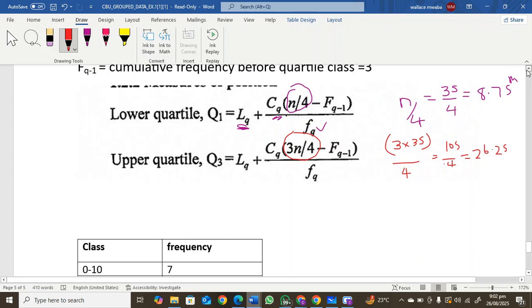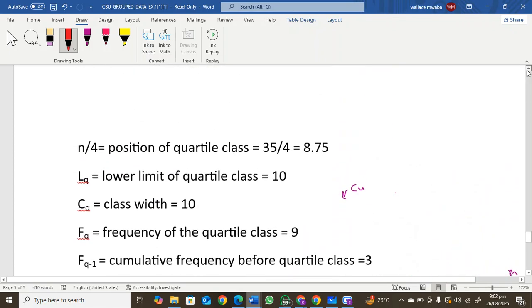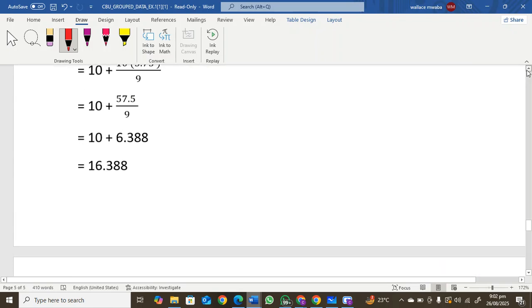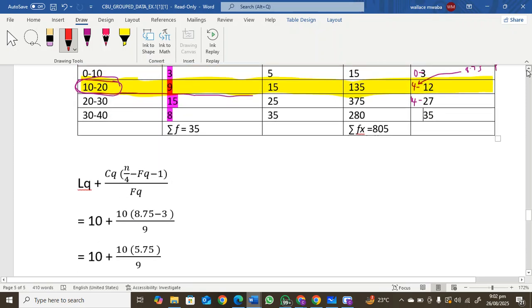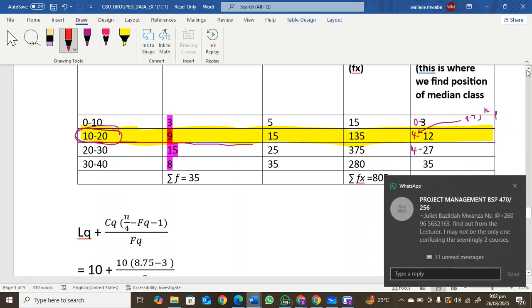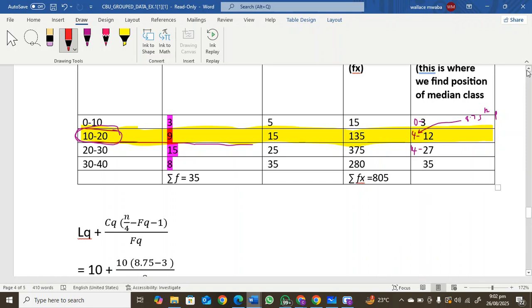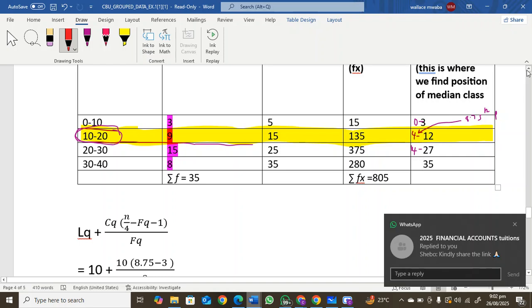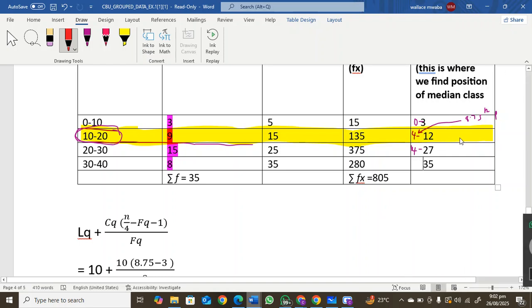So colleagues, we come to the cumulative frequency. Where will we find this 26.25 here? Let me just scroll up. Where are we going to find 26.25? Between 14 and 27, yes.